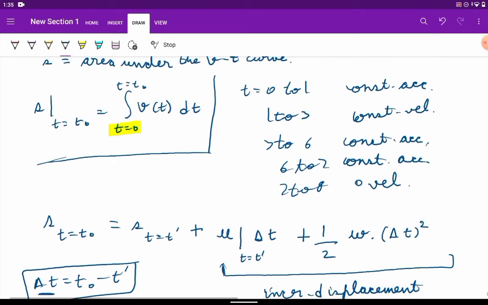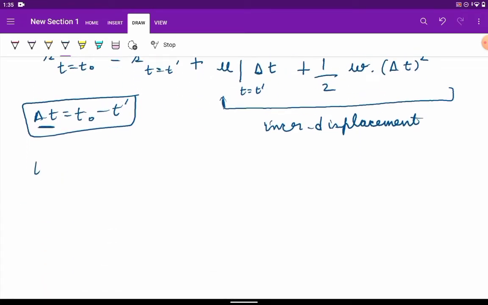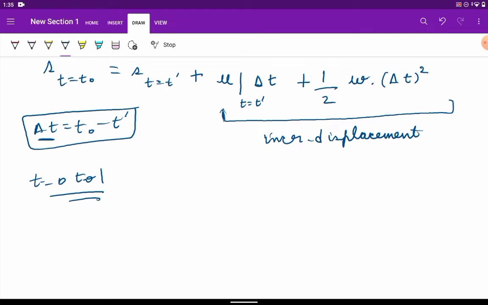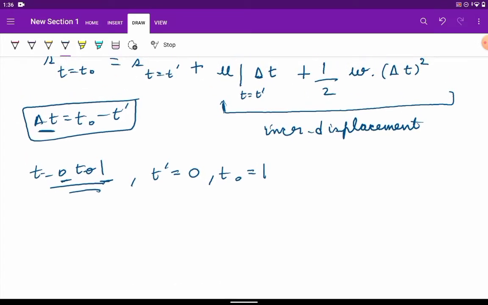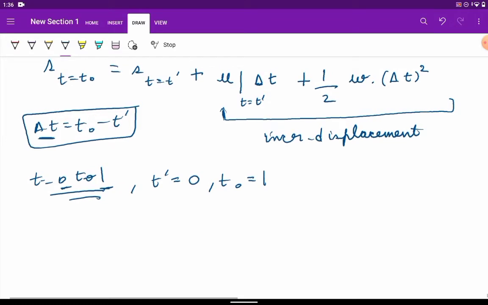So now for t equal to 0 to 1, for everything we'll assume t dash to be the starting point, that is 0, and t naught to be the ending point, that is 1, right? We already know that initially the point is at x equal to 0.